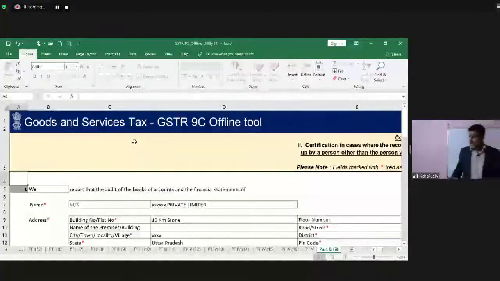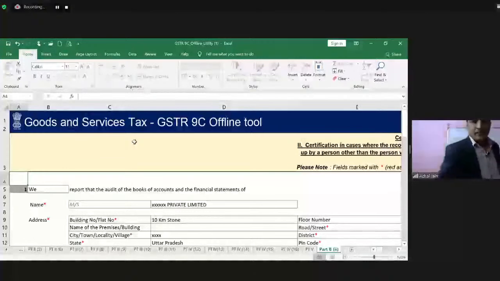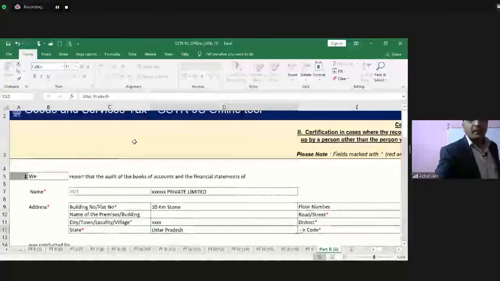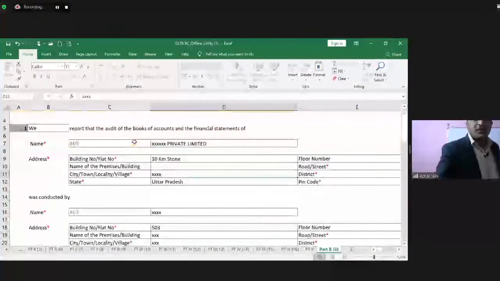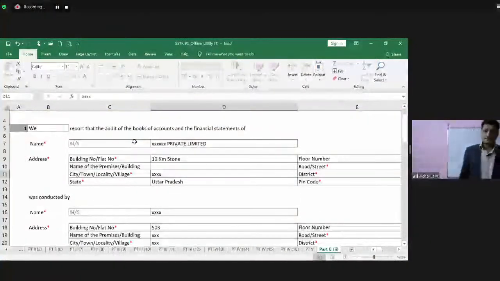So let's see how this audit report would start. Now the auditor is commenting: we report that the audit of books of accounts and the financial statements of whatever is the name of the company is required to be given. Then the address of the company or the entity, the complete address, etc., will come.